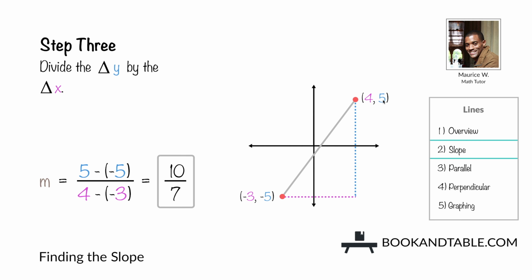You would get 5 minus -5, minus a negative would be positive, and you get 4 minus -3, minus a negative would turn this into a positive, so 4 plus 3 would be 7. So you'd still wind up with 10/7. As long as you use these together and these together, the final slope will be exactly the same.